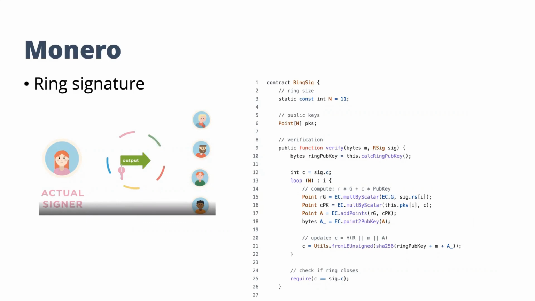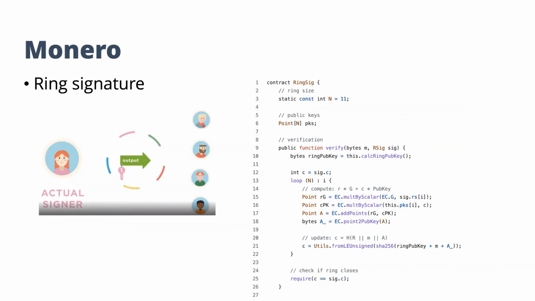Any other comments? One question on my side. The difference between a ring signature and an HD wallet: with an HD wallet I have different pairs of private and public keys, while with a ring signature there are several private keys and the same public key, right? I'm not sure.